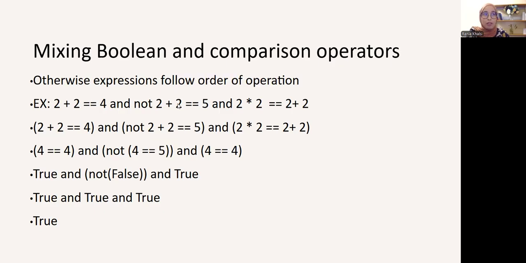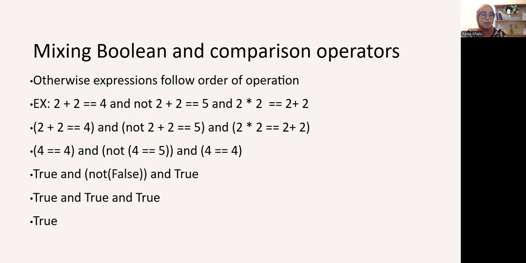The and stays. Let's suppose this is true, this is true, this is true. Then the final Boolean values are true and true and true. I know from the table that if all are true, the final result is true. So it mainly works like this.